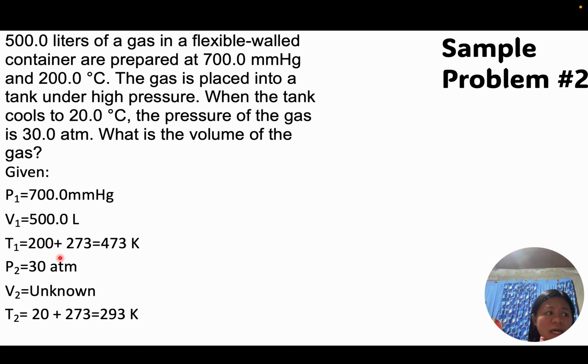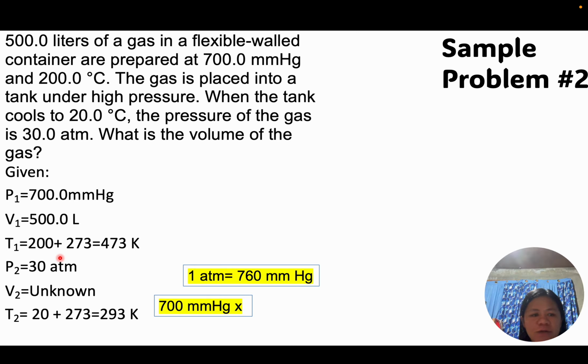Going back to the conversion, take note na ang isang atm is equivalent to 760 mmHg. So, pag i-convert natin yung 700 mmHg into atm, ilalagay natin yung equivalent ng 1 atm sa 760 mmHg para makancel ito. Ilalagay natin siya sa denominator.